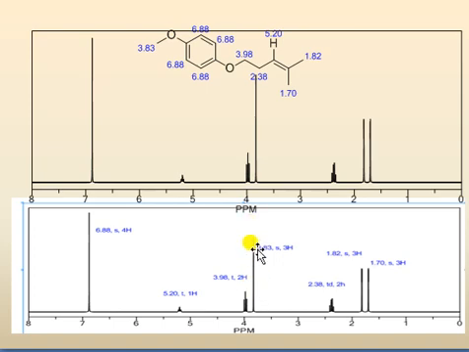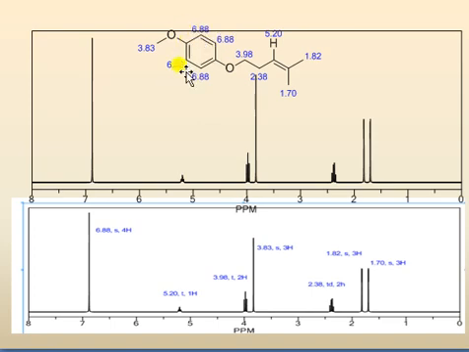Then again CH3 is here. This is OCH3, and this is CH2. This one is the alkene proton, and as both sides are ether, both sides are phenoxy groups, all these 6 protons, 4 protons came as a singlet.